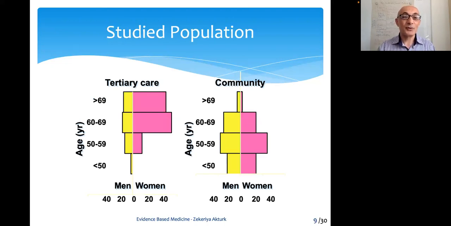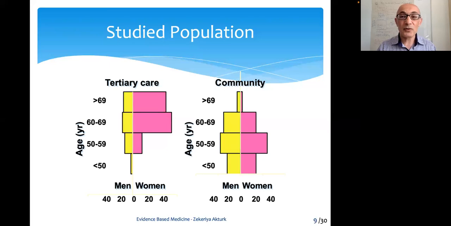So if you run your study in a clinic, in a hospital, in a tertiary care, and then claim that you are representing the whole population, that might not be correct, because the age or sex or some other distribution of some other variables might not be exactly as similar as it is in the community.